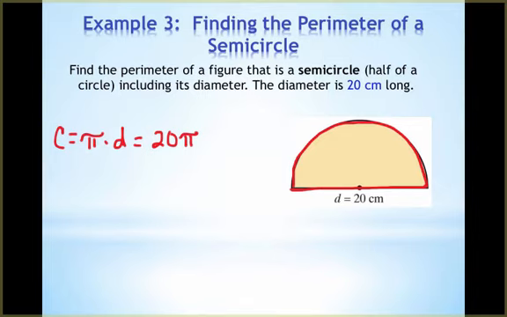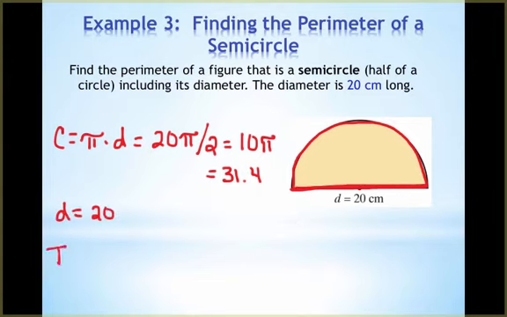But that would be if I had the entire circle. Since I only have a semicircle, I'm going to divide that by 2 and get 10 pi, which would be 31.4. And then I have this straight linear distance here of 20.